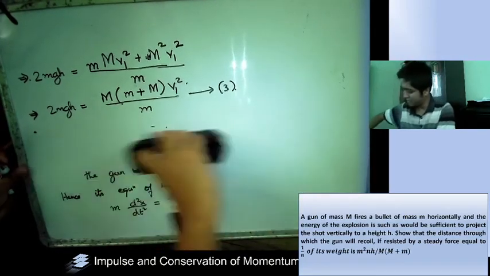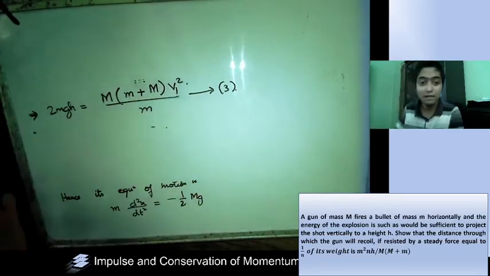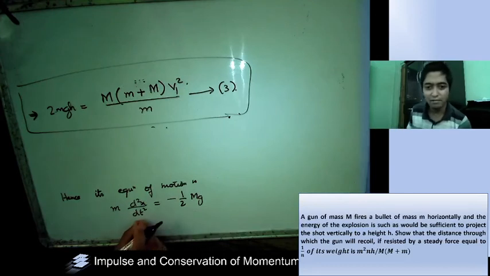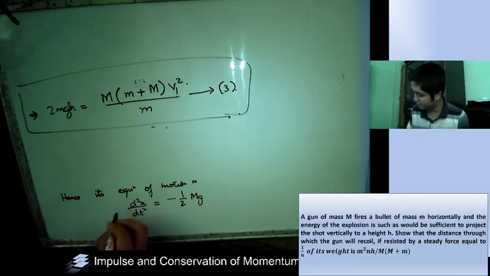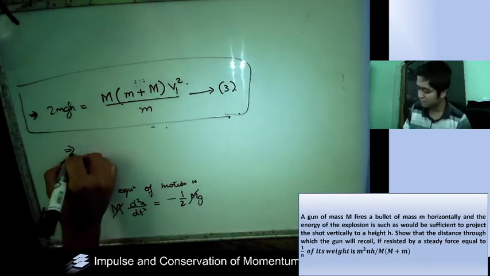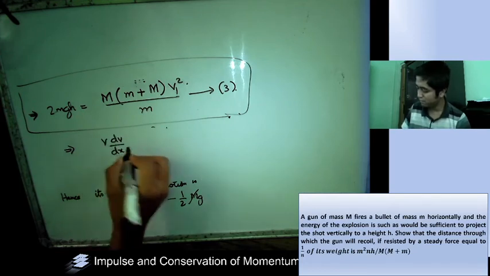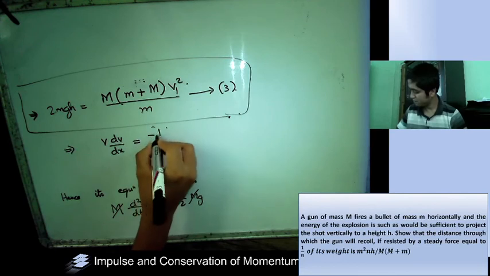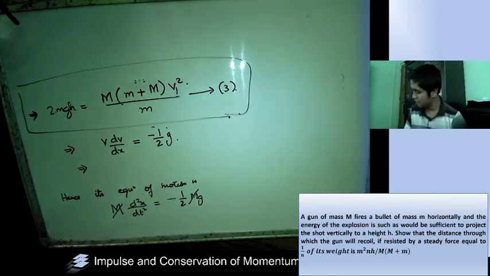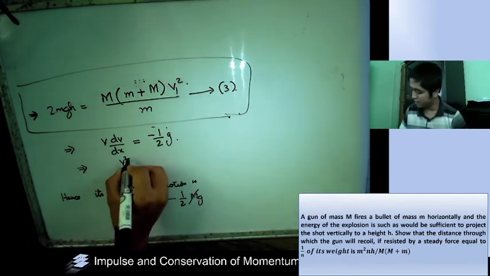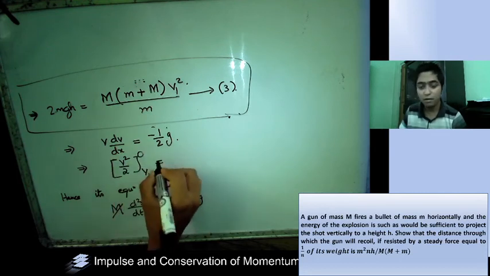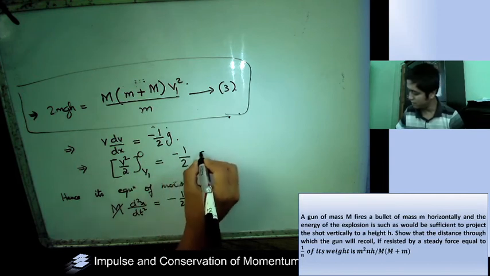I don't want to erase this equation 3. So over here again we can write, sorry, this is capital M. So we can write this one as v dv by dx equals minus (1 by 2g). We can integrate v square upon 2, with the limits from v1 to 0, equals minus 1 by 2 gx.